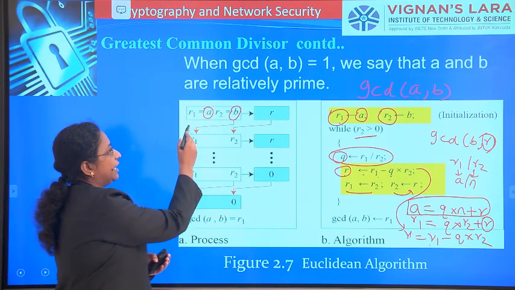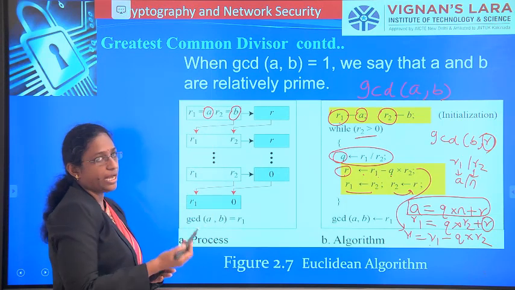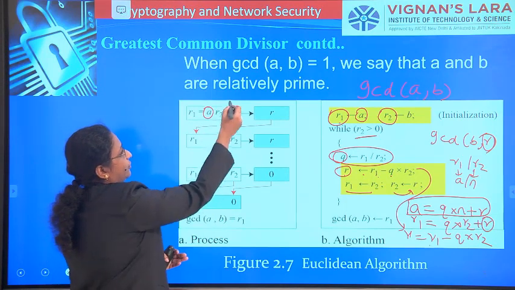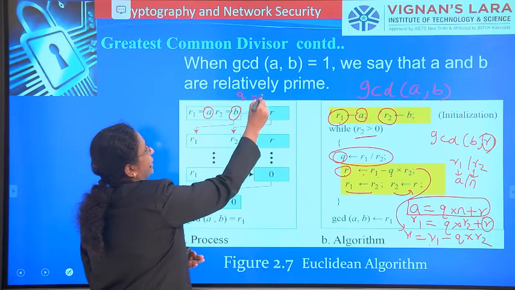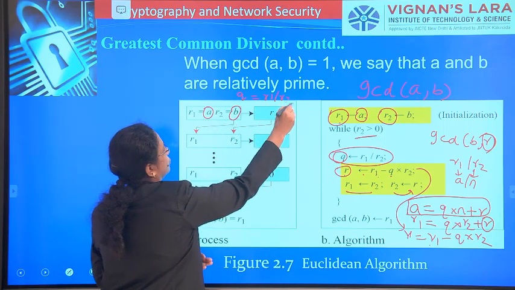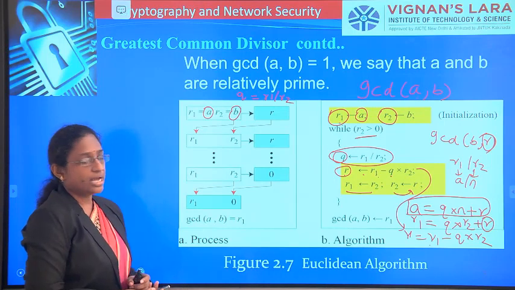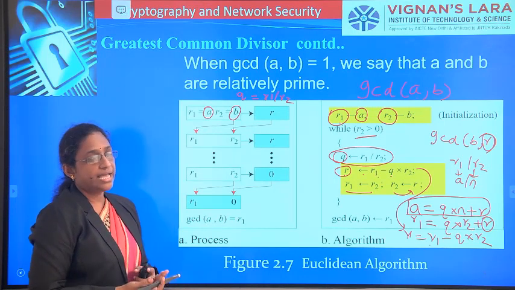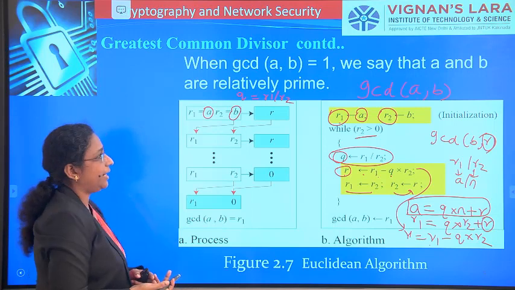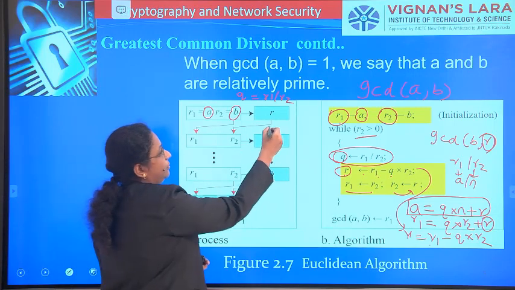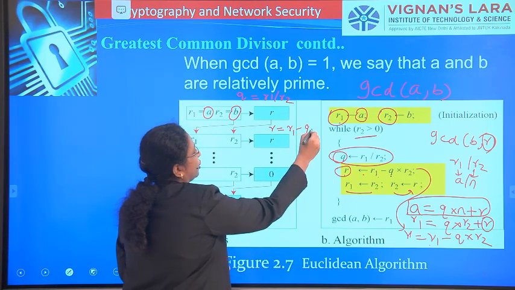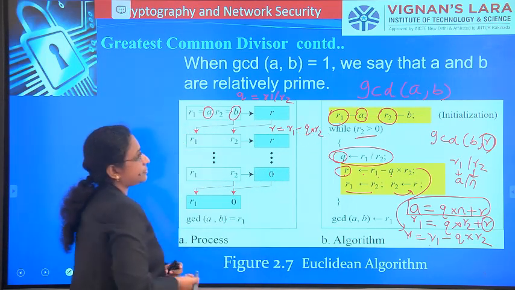R1 is assigned the A value and R2 is assigned the B value. After that, you calculate Q equal to R1 by R2. After calculating Q, you again calculate the remainder equal to R1 minus Q into R2.